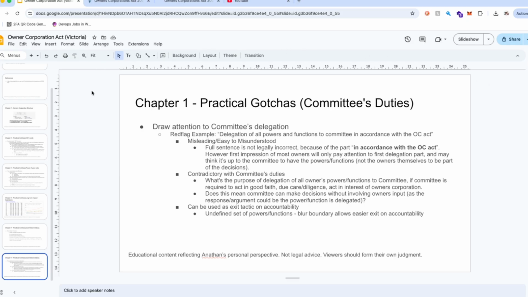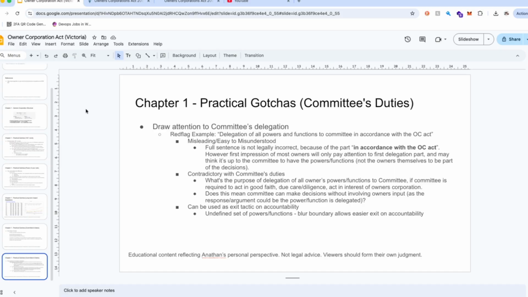Of course, there is also a strictly certain set of decisions which the committee can't make on behalf of the owners corporation, or on behalf of all the owners.